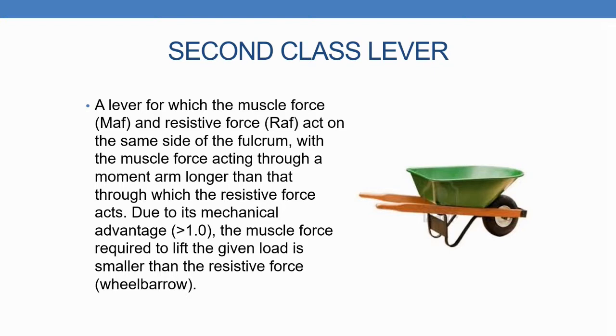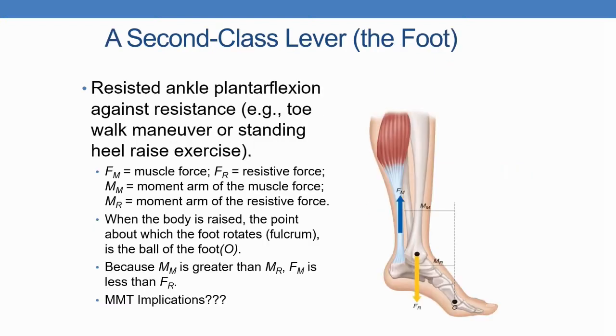Now, in the human body, when we find a second-class lever, due to its mechanical advantage, the muscle force required to lift the given load is much smaller than the resistive force. Well, when we do the heel walk and toe walk maneuver, we're talking about a second-class lever system.